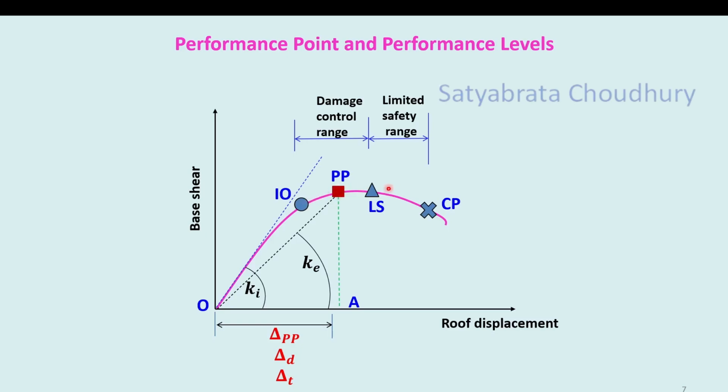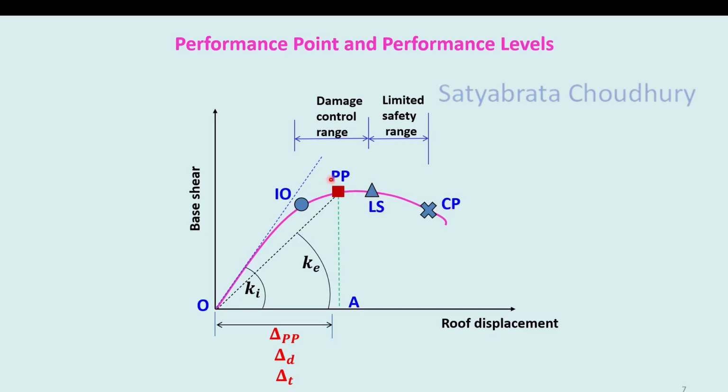Now suppose we consider a building which has LS located here, near the performance point or after it. This building has the performance point on the left hand side of the nonlinear curve, so that building will not be an LS building because LS is beyond the performance point, and CP is beyond the performance point.